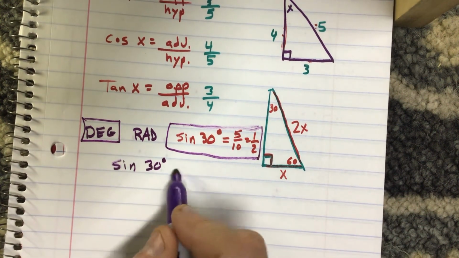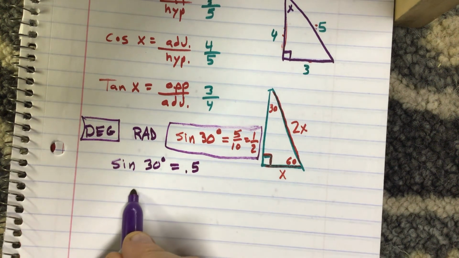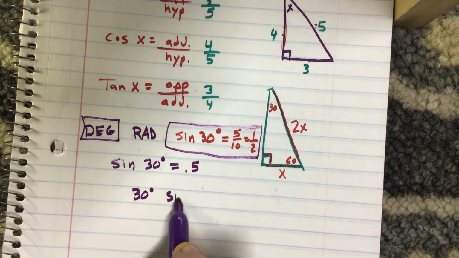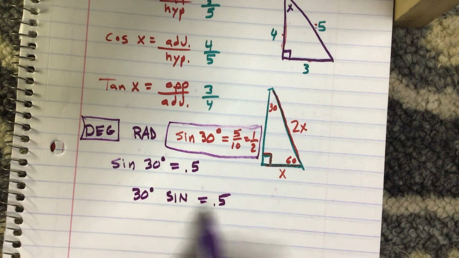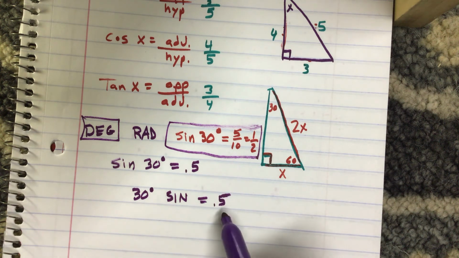When you put in sine 30, it should say 0.5. Some calculators, you do 30 degrees and then you hit the sine function, and then hit equals, you get 0.5. So depending on your calculator or your phone, you're either doing sine of 30 or 30 sine, and you're going to get 0.5 because the ratio is always 1 to 2.